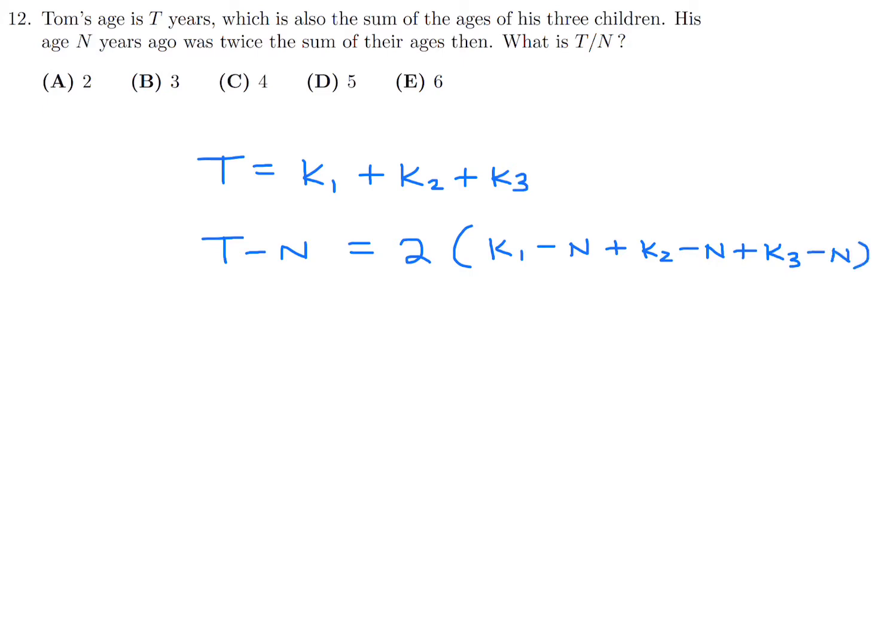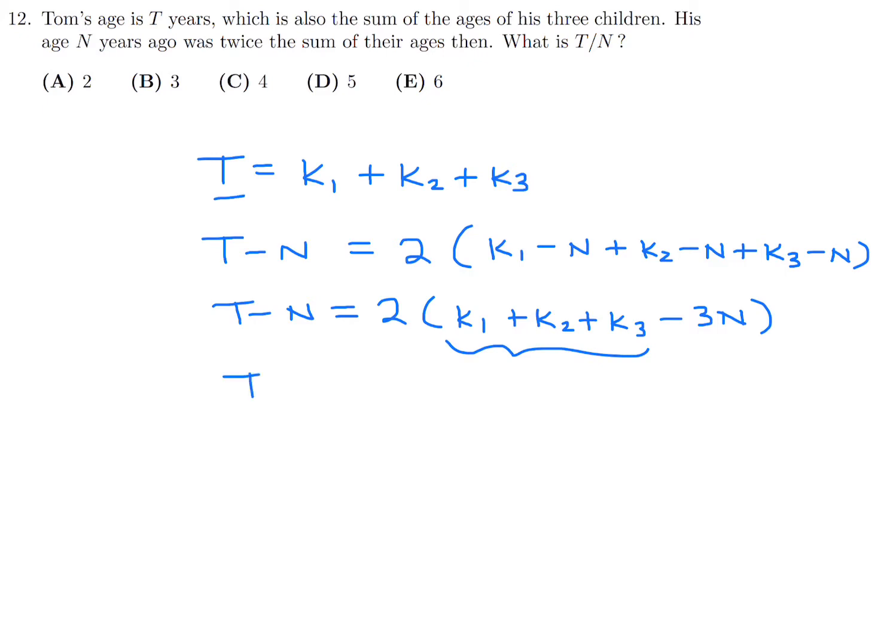All right, so these are the two equations that we have to use to get t over n. Well, you simplify a little bit here. We can group the k's together, k1 plus k2 plus k3, and then this looks like minus 3n. Well, k1 plus k2 plus k3 is just t, so that becomes t minus n is equal to 2t minus 3n.